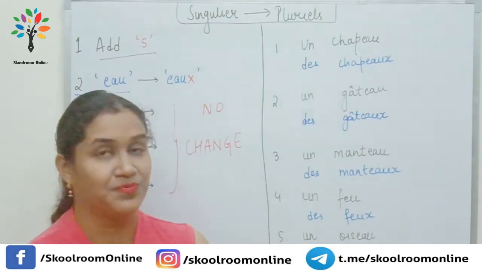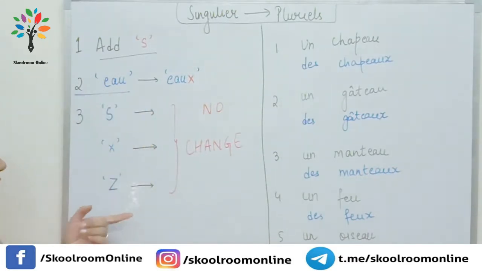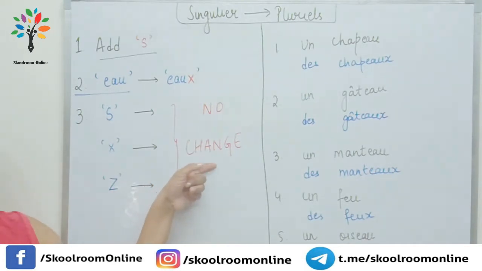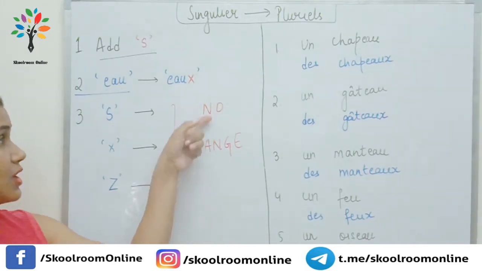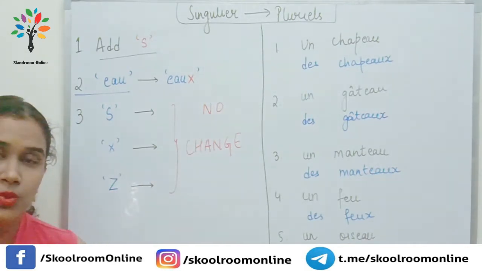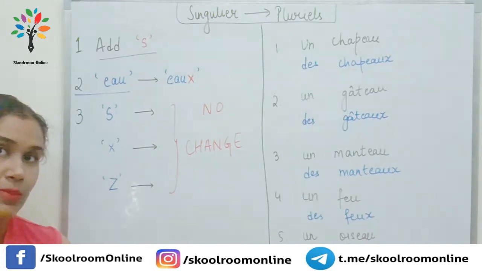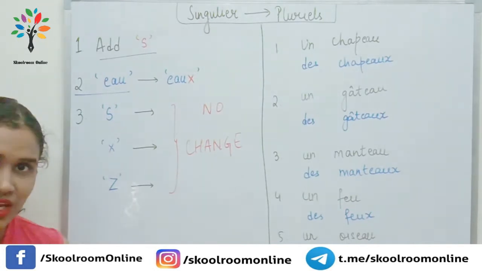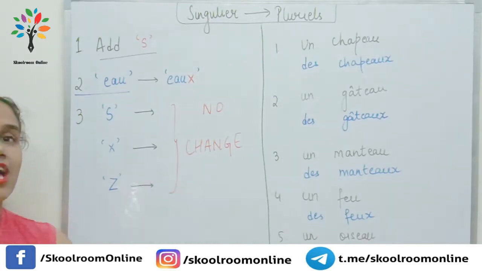Rule number 3 says, if your noun is ending in S, X or Z, then the word will not change. There will be no change in the noun and it will remain the same in its plural form. Okay? Now let's have a look at some examples for this rule as well.